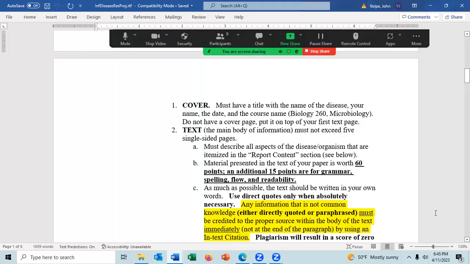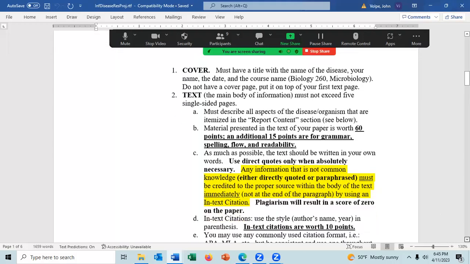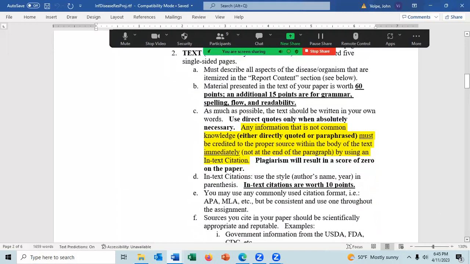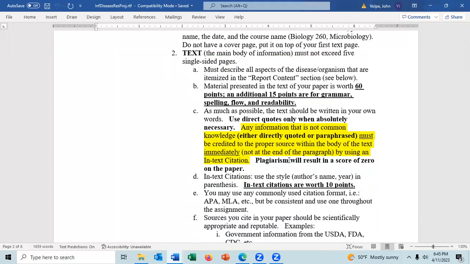As much as possible, the text should be written in your own words. If it's not written in your own words, you must use direct quotes, and only when absolutely necessary. I once had a student turn in over 50% of her paper in quotes, and she cited where she got that information. I decided I'm not going to ever allow that again.